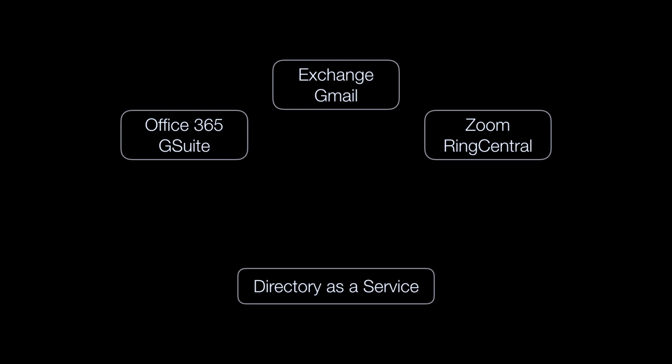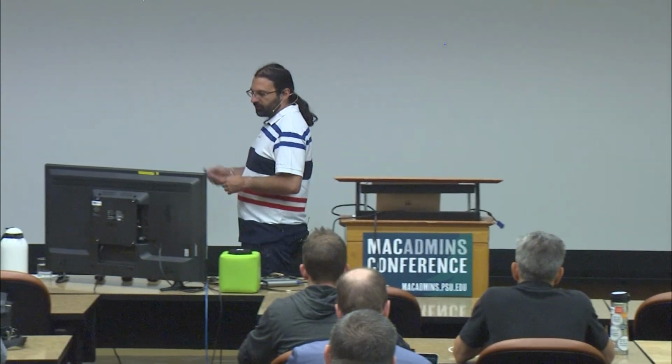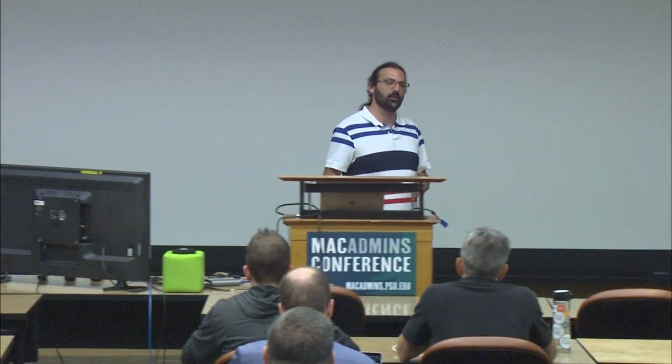So if you use G Suite or Office 365 for mail, for text editor and things like that, if you use Exchange or Gmail for mail, or if you use Zoom or RingCentral for video conferencing and things like that, you will have a way with all those tools to integrate with a directory as a service using SAML and SCIM.